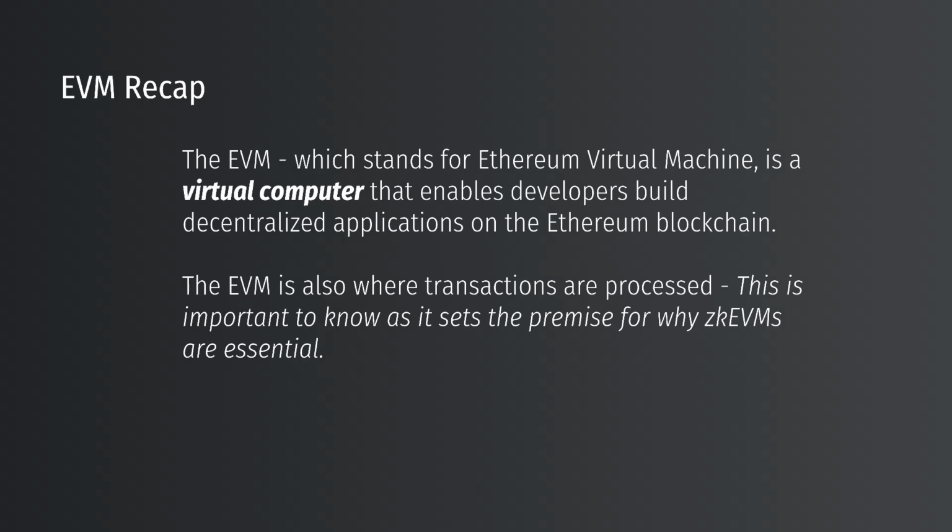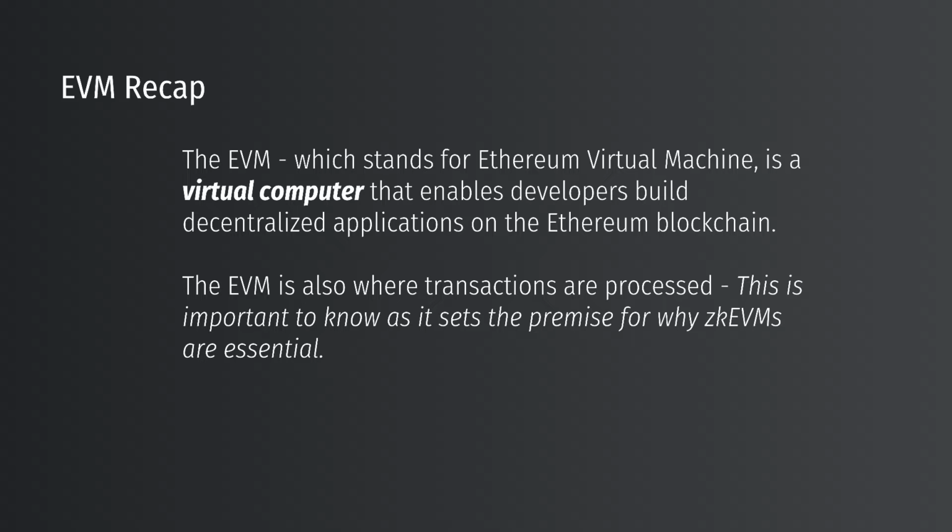So an EVM recap, what is an EVM? The EVM, which stands for the Ethereum Virtual Machine, is a virtual computer that enables developers to build decentralized applications on the Ethereum blockchain. So that is essentially what the EVM is. Now the EVM is also where transactions are processed.